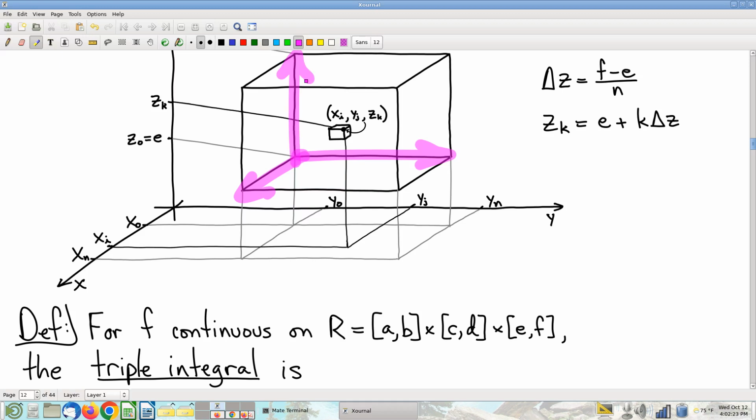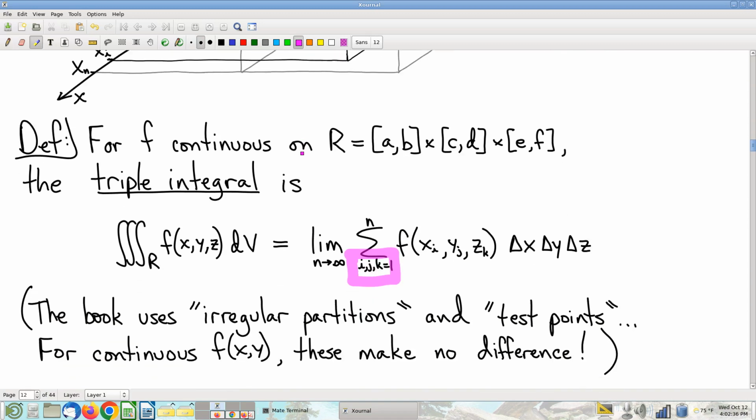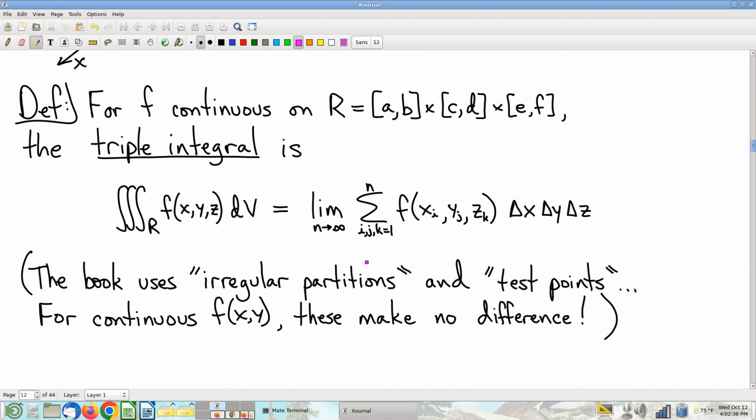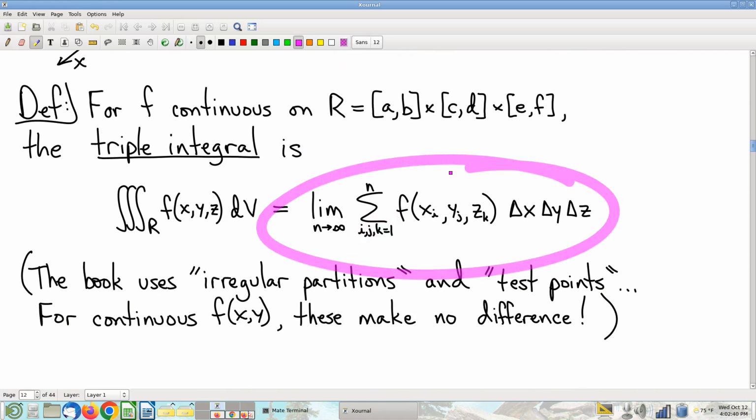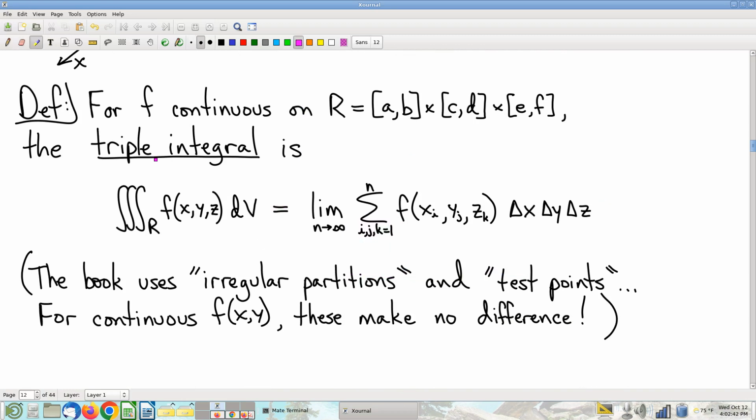You might say I've got n cubed different little sub boxes instead of n squared. So not a double integral, but morally, same basic idea. We call this a Riemann sum. We use the terminology triple integral as a shorthand to represent it.